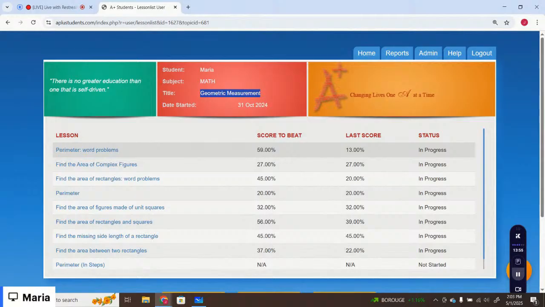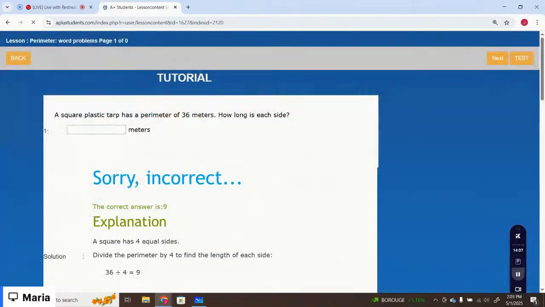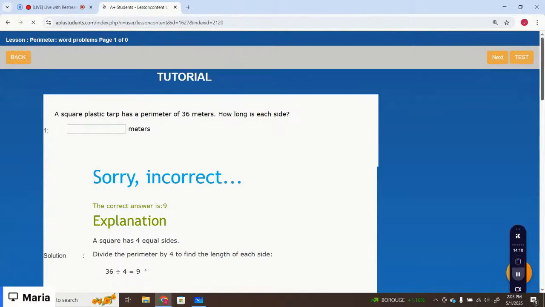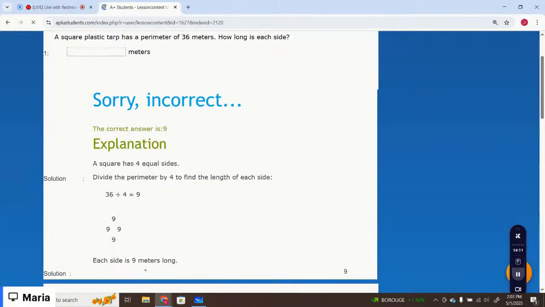Here I am on grade 3 math. The chapter we are on right now is geometric measurement. Let's just start with the lesson perimeter word problems. A square plastic top has a perimeter of 36 meters.